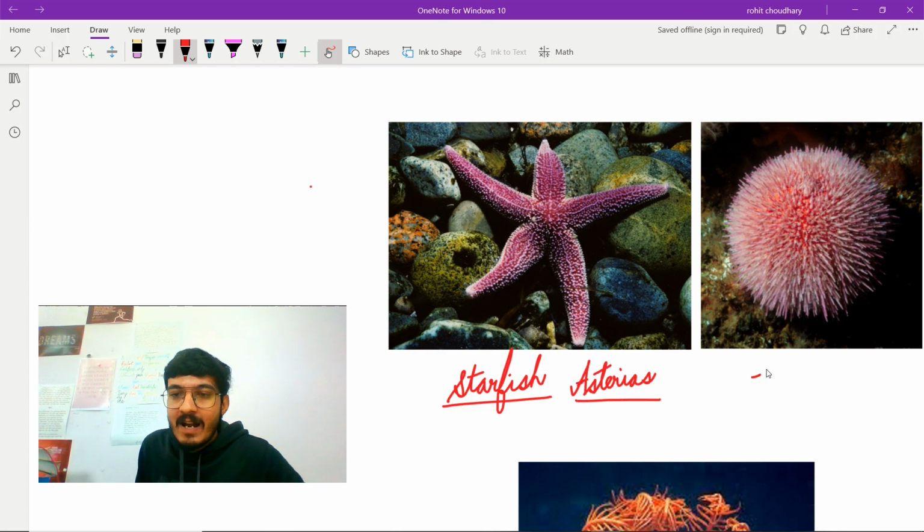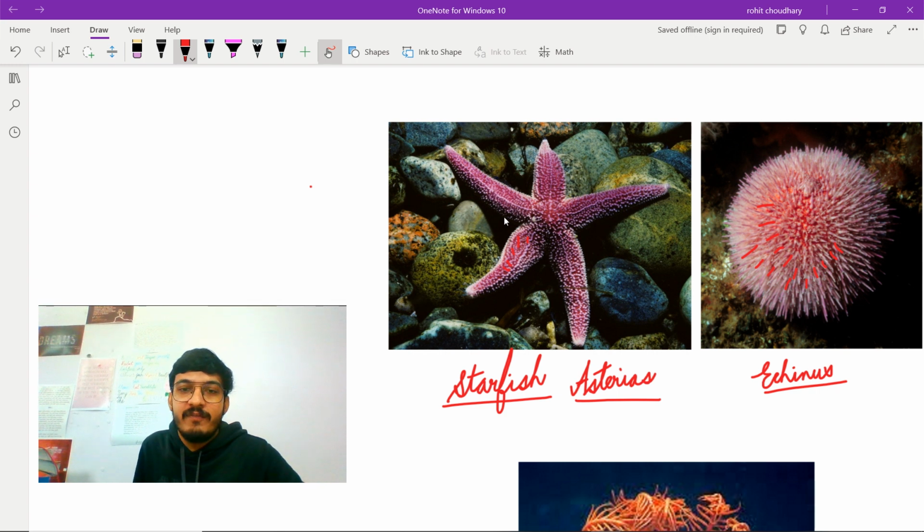The second one is Echinus. As we can see, these are the spines present. These are the spines which are calcareous. That's why the members are known as echinoderms. As we can see, small spines are present on starfish as well.